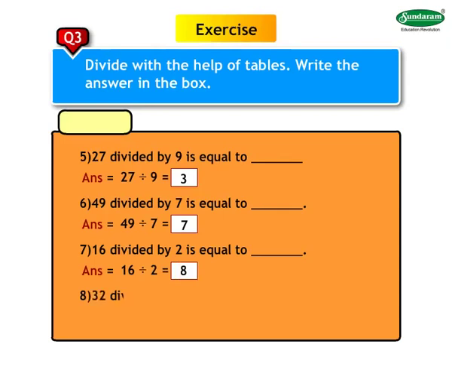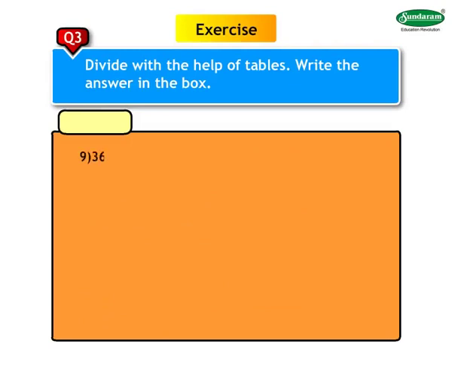8. 32 divided by 8 is equal to dash. 8 multiplied by 4 is equal to 32. Hence, 32 divided by 8 is equal to 4. 9. 36 divided by 6 is equal to dash. 6 multiplied by 6 is equal to 36.